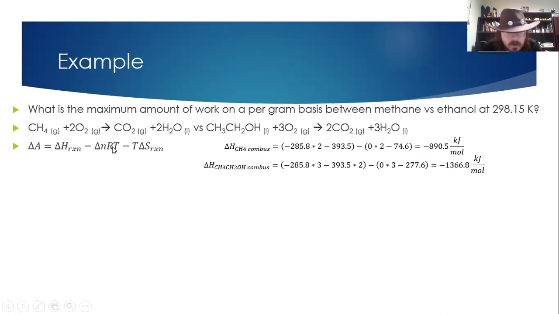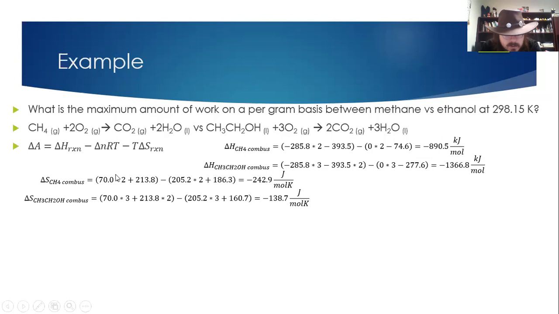We'll use our R as 8.314 joules per mole Kelvin and our temperature to get this into joules. Then we'll have to convert that into kilojoules. Our temperature is 298. In case of ethanol plus 3 oxygens, that's 3 gases. There's 2 gases. That's a net change of -1. So we're going to see a slight difference. And of course, our delta S, we can calculate that. We can look that up.